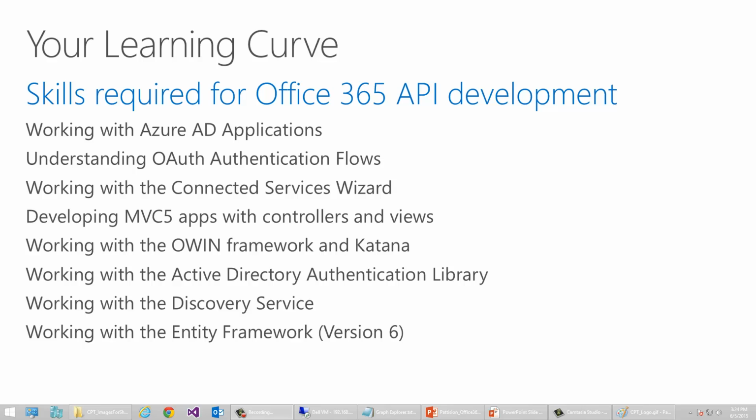Okay, just to wrap up, we covered a lot of stuff there. If you're moving from being a typical SharePoint server-side developer over to this new world of Office API programming, what are the learning curves you have to go through?